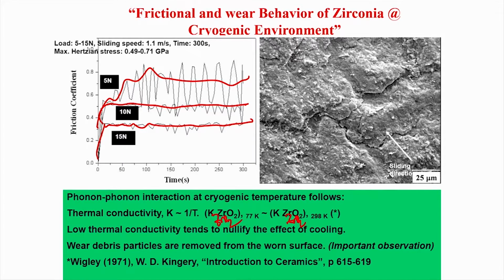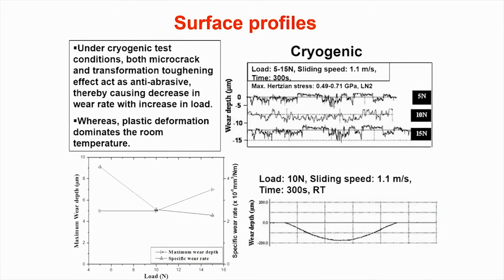And the thermal conductivity of zirconia is low, typically around 2 watts per meter per Kelvin. That tends to nullify the effect of cooling, and wear debris particles are also removed from the worn surface.